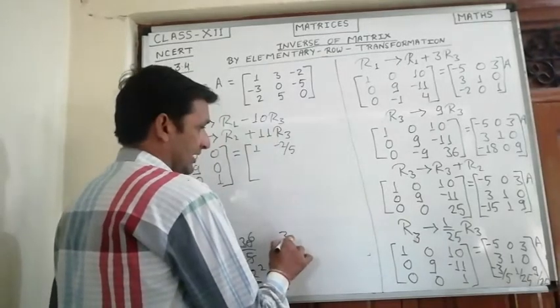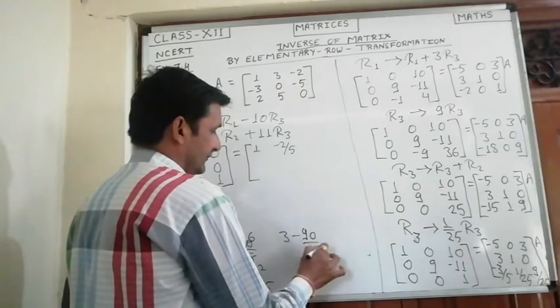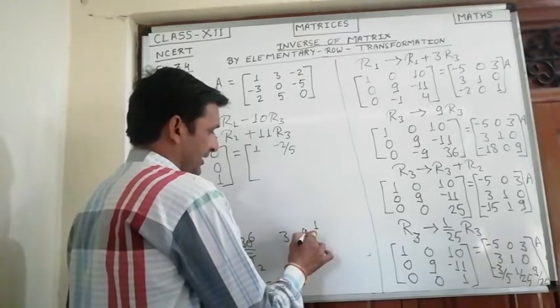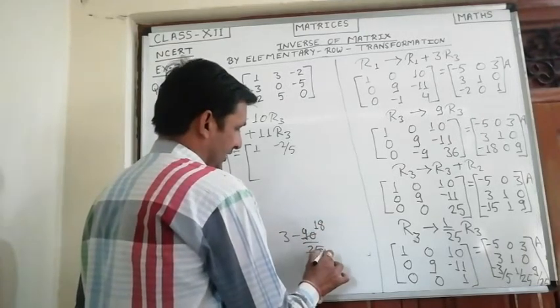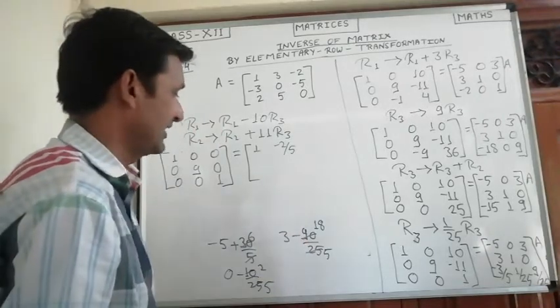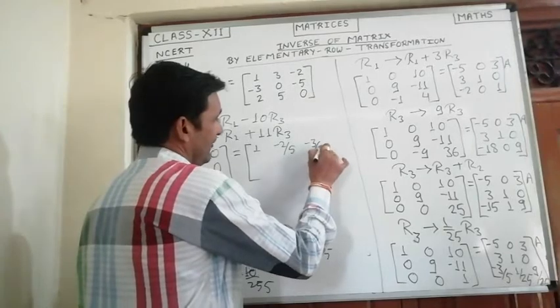So 3 minus 90 upon 25. It is 5 on the 5, remaining term 4, 40. 5 8 is 40. And 5 5 is 25. So 15 minus 18. 15 minus 18, that is minus 3 upon 5. Here it is minus 3 upon 5.